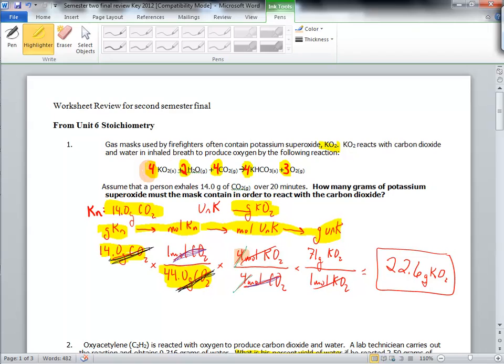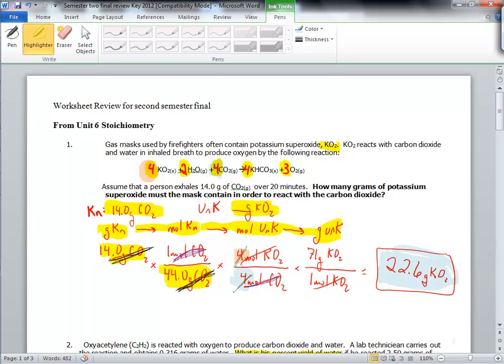Where is it? There it is, right here in front of the potassium superoxide. And you will see a 4 in front of the carbon dioxide. So be sure you practice calculating this and see if you get this answer of 22.6 grams of potassium superoxide.